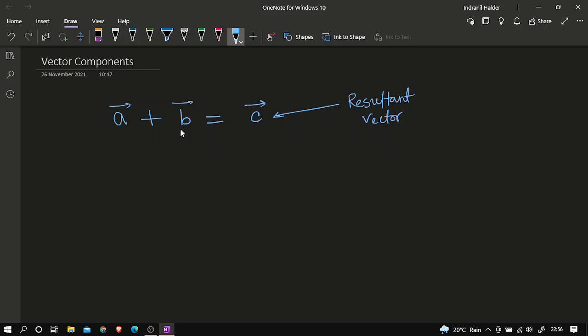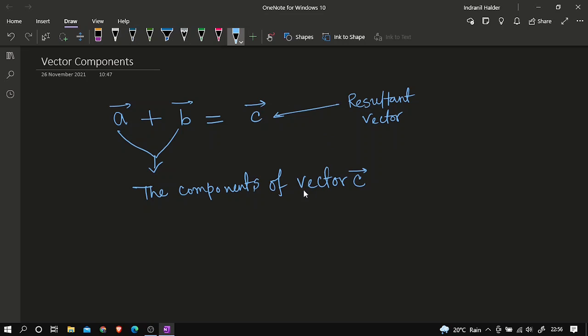Okay, but what about these A and B vectors? These two vectors are called the components of vector C. Okay, so these are the two components that the vector C has.